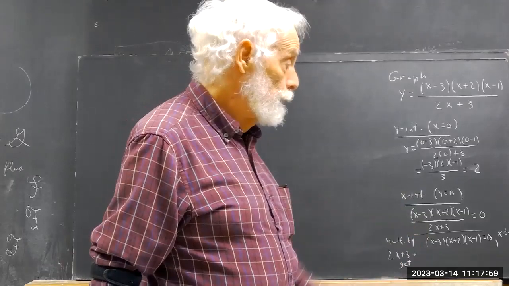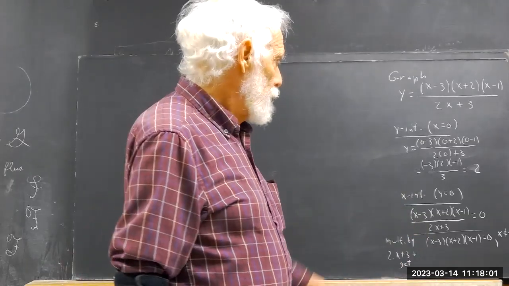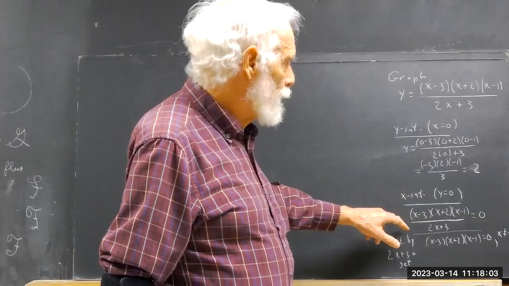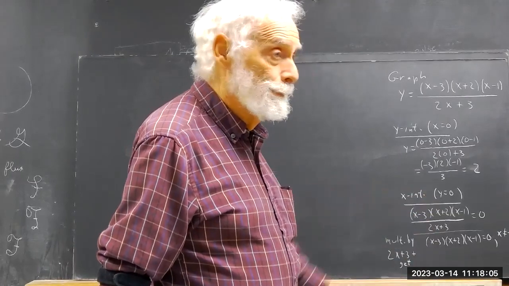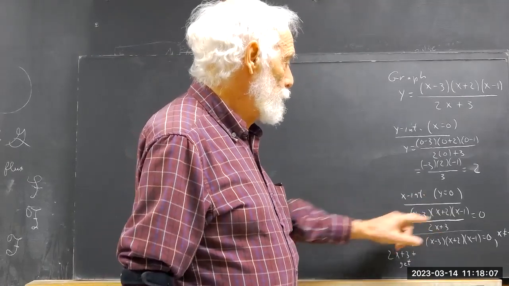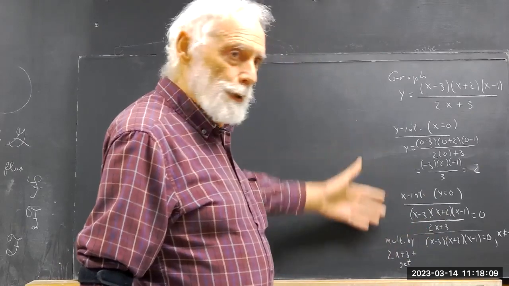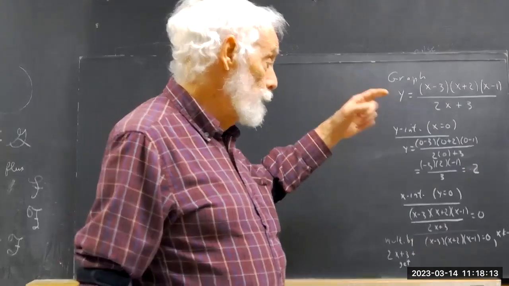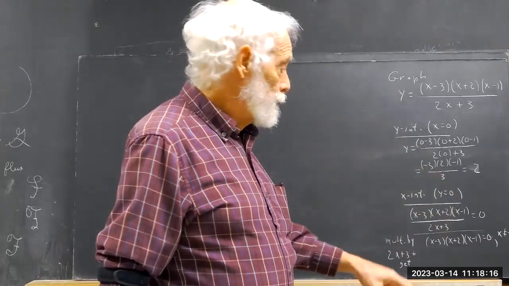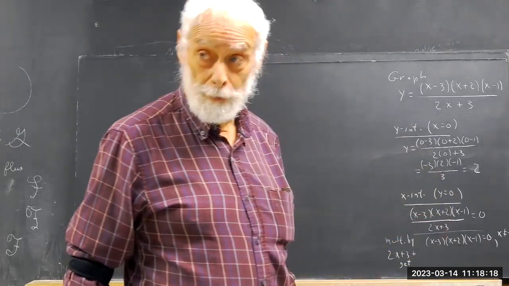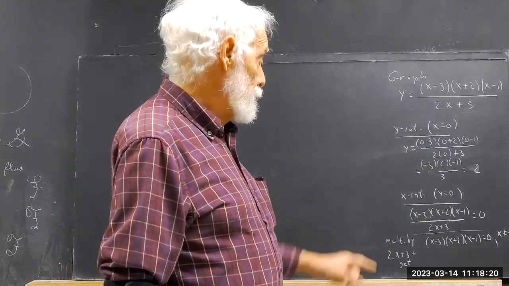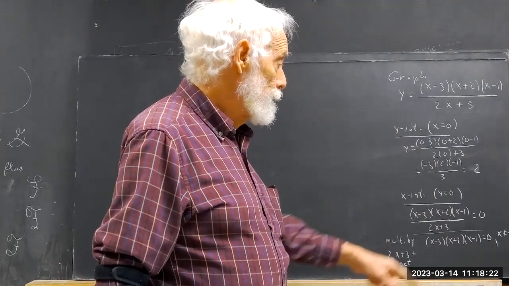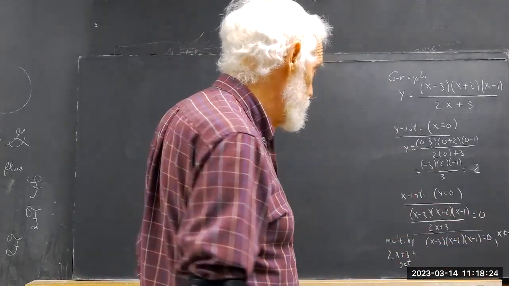This we multiply by 2x plus 3. We're going to have like 2x plus 3 over 1 times this. 2x plus 3 and the 1 can switch places. So we have 2x plus 3 over 2x plus 3 gives us 1 and so forth. But we can't multiply by 0. So 2x plus 3 can't be 0. And 2x plus 3 is 0 if x is -3/2.